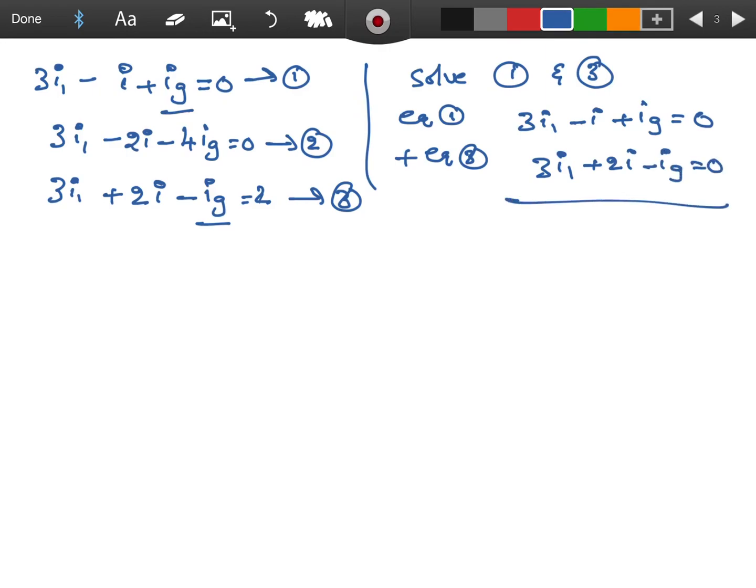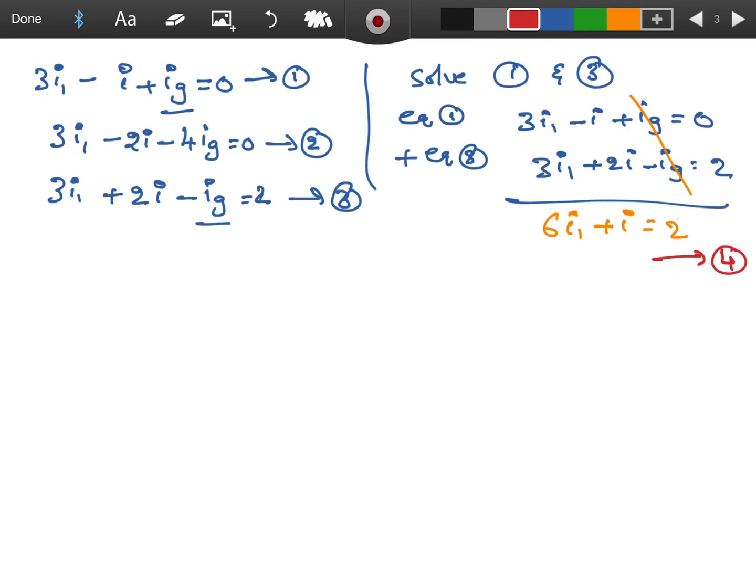I am going to add, these two terms get cancelled. 6i1 plus I equal to 2. Sorry, here 2 is there, sorry students. 0 plus 2, 2. I'll say this is equation number 4.